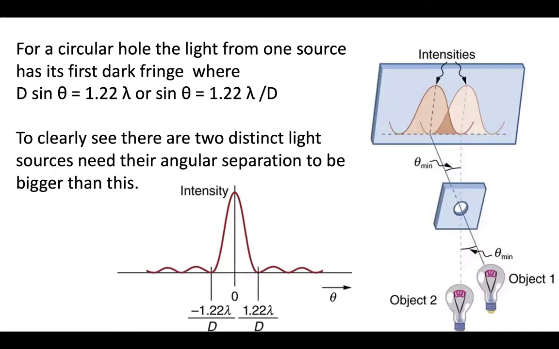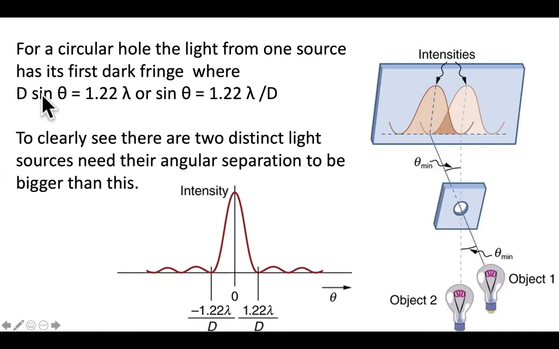Now, just to be explicit about this, we're no longer talking about slits here. We're talking about an actual hole in the wall. This is an example diagram here. When we talk about a hole, the geometry changes a little bit, so the rule changes a little bit.